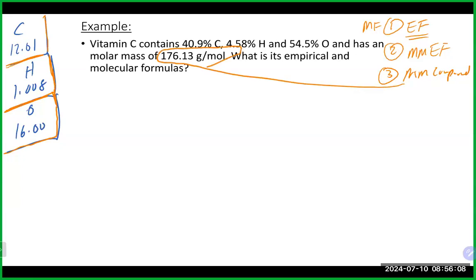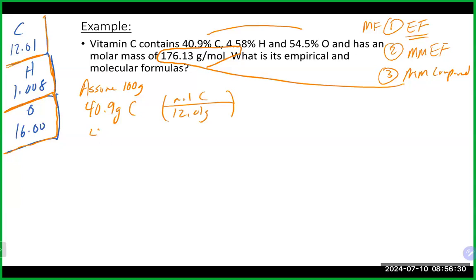So if we take our normal approach to this, we want to look at our percentages here, and they do add up to about 100. So we're just going to assume 100 grams. And that will give us 40.9 grams of carbon, which we then want to divide by the molar mass of carbon, 12.01.